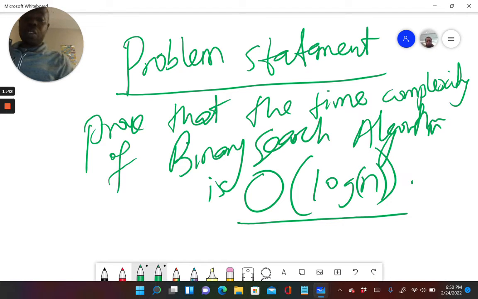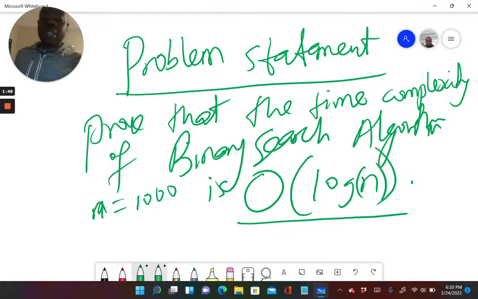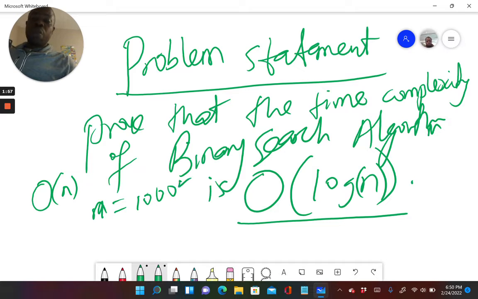The reason is because if your n is 1000, ordinarily for the sequential search, the linear one, the complexity is O of n. In other words, you have to perform 1000 comparisons to search for a particular item. But now, if you take logarithm of 1000, that will give you 3.